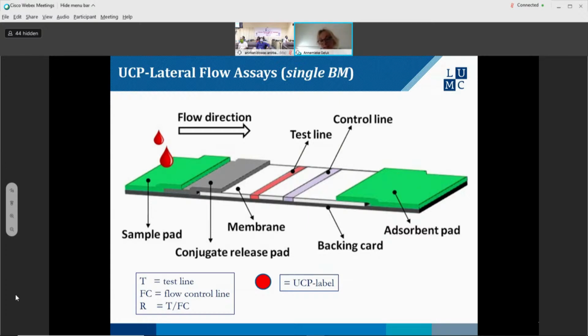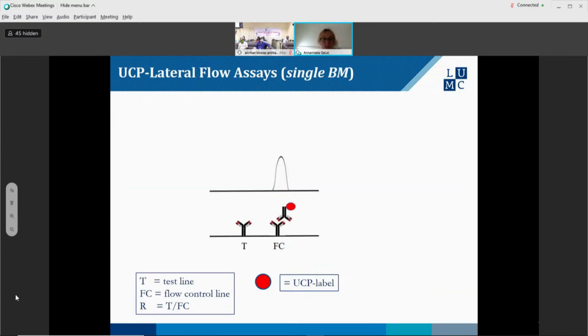And then it has the control line to see whether the test has flowed correctly to the absorbent pads. So this is what you see when there is a negative test. Then the test line here does not contain any UCP label. There's only a flow control label.